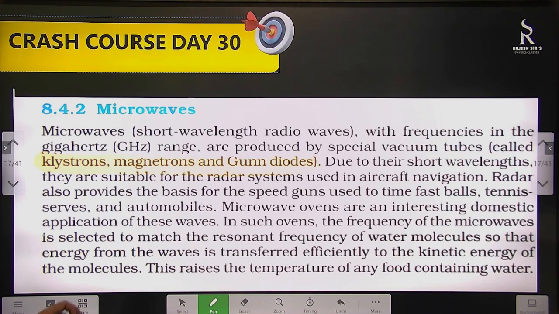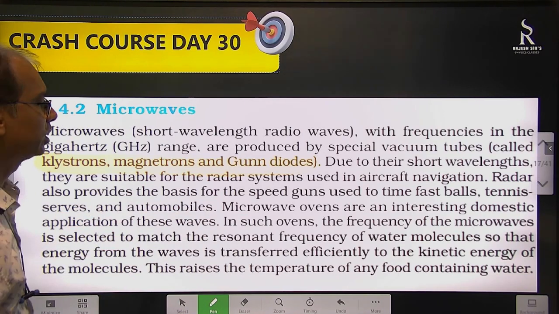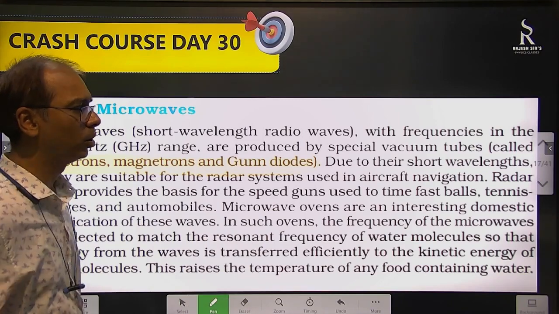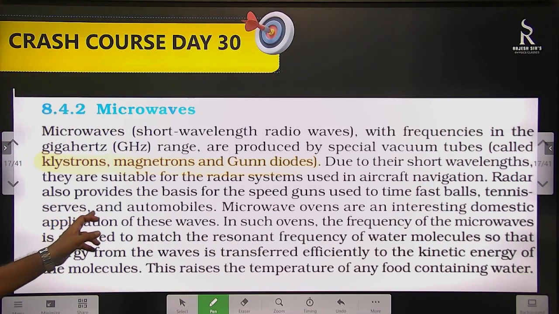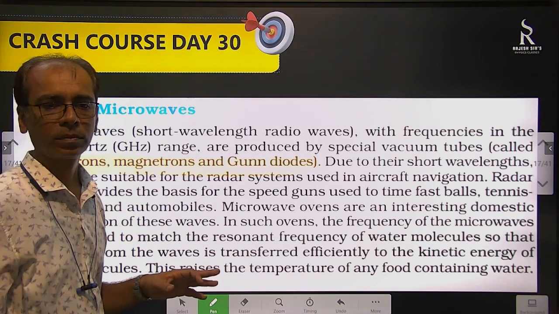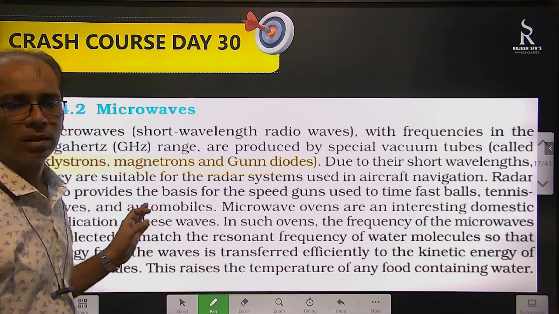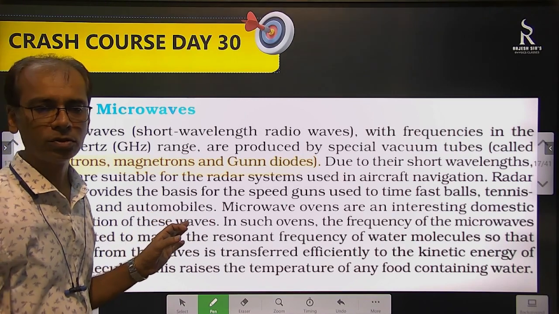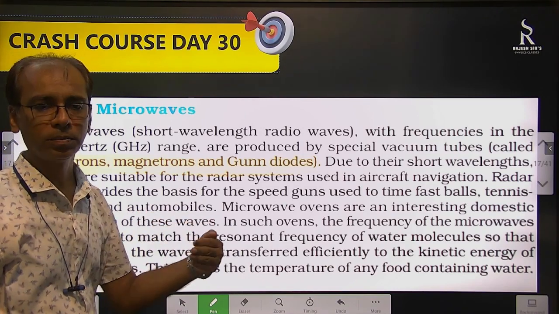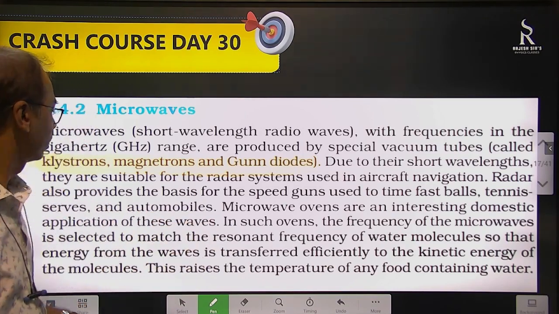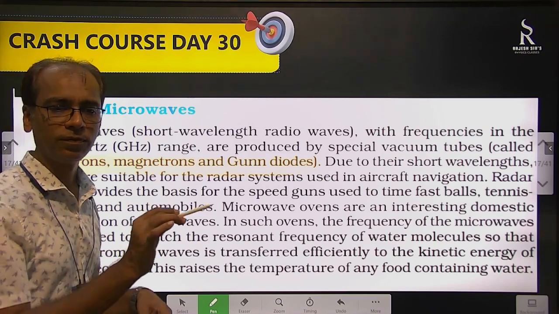And this radar also provides the basis for the speed guns used to time fast balls, tennis serves, and automobiles. So these are also used for detection purposes.